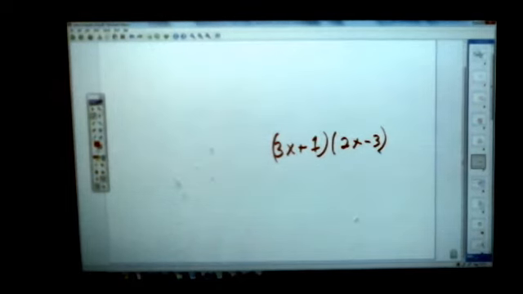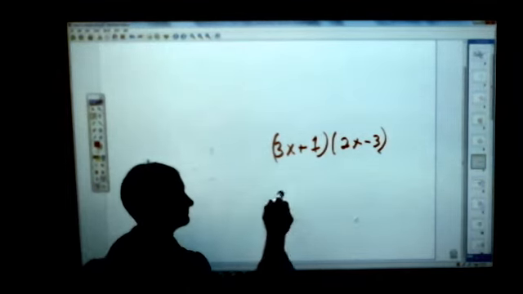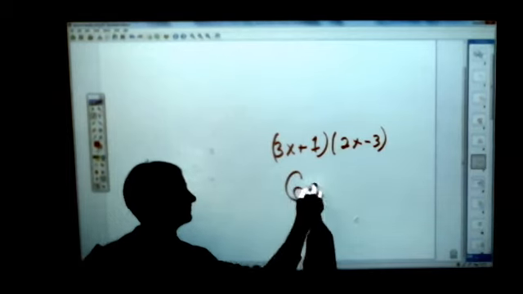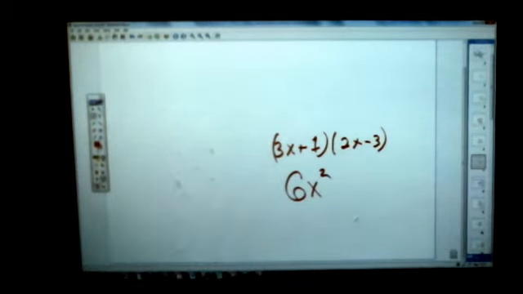Speculations on that one? Klausing, what's going to be my first term? 2x times 3x is 6x squared. My middle term is going to be the combination of the outie and the innie. The outie is negative 9x, correct? The innie is 2x. Did I say something wrong?